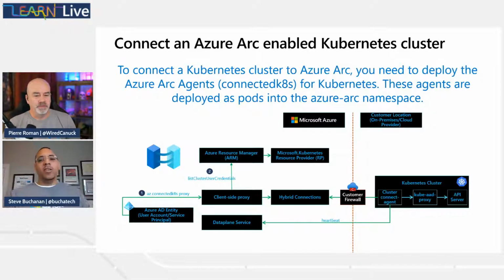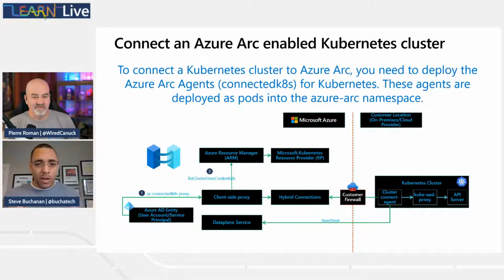As Pierre mentioned, these pods run on your projected Kubernetes cluster in the azure-arc namespace. So you could run your kubectl get namespace syntax on your projected Kubernetes cluster, and you'll see that namespace show up.